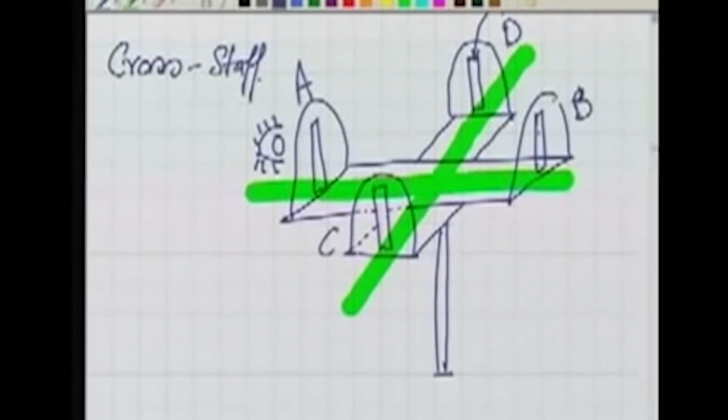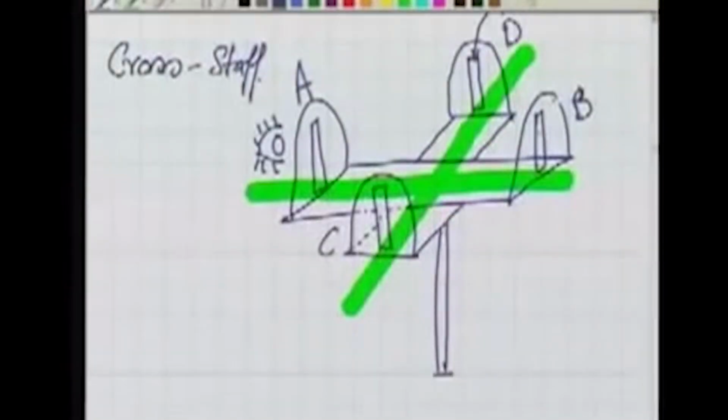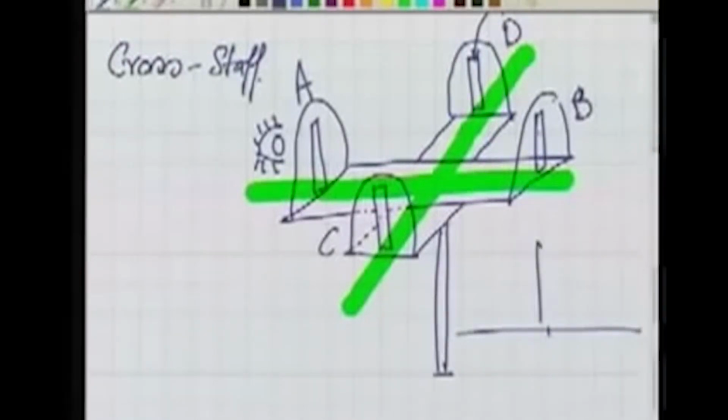Now if a second person looks through slit C and slit D, his line of sight is CD. So the lines of sight CD and AB will obviously intersect at 90 degrees. This is how the instrument is made.